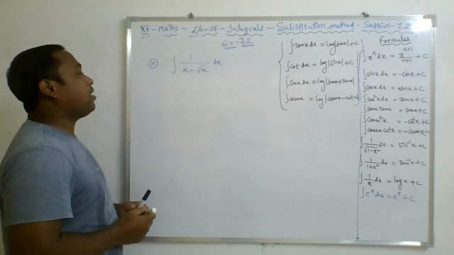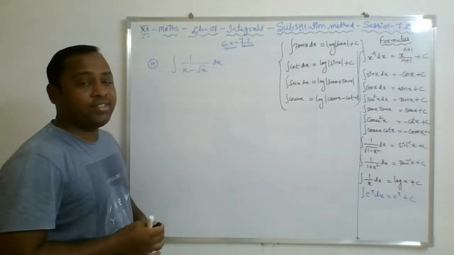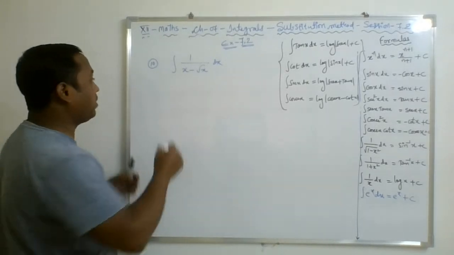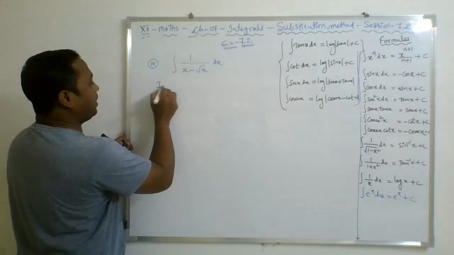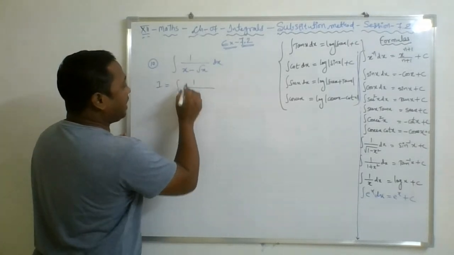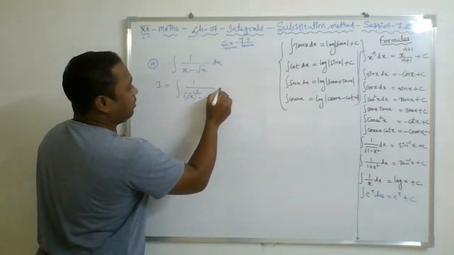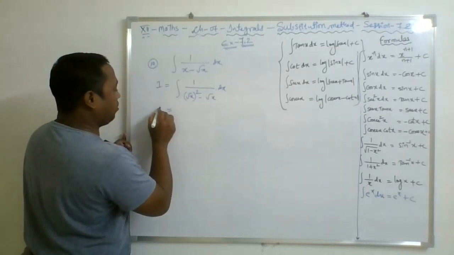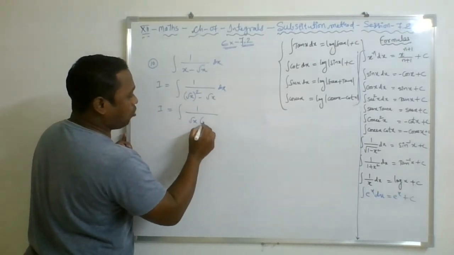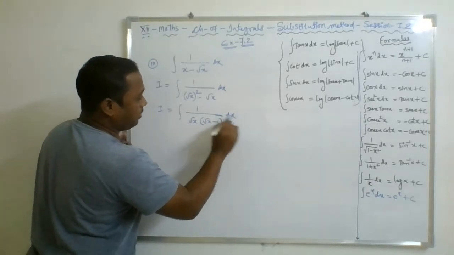If you are observing closely, you are not able to guess which function's derivative is available over here. But if you do some modification, you will definitely get an idea. Like if I write this x as root x the whole square, then you will be able to get some idea properly. So I can take root x as a common factor. The question becomes root x minus 1.